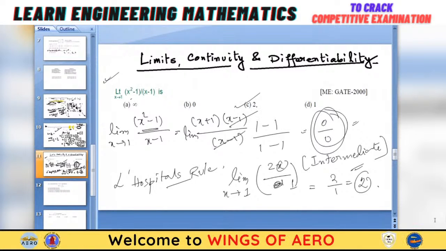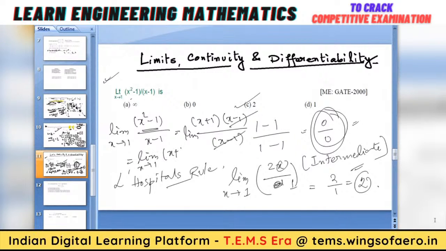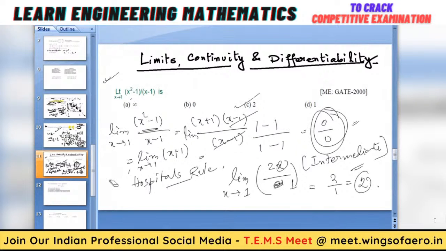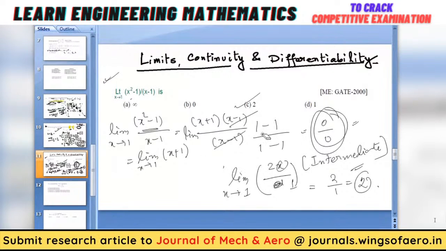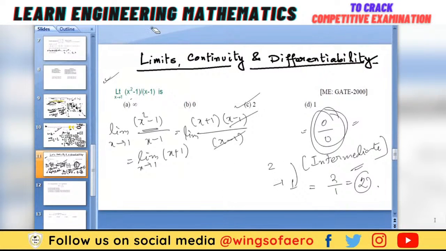X minus 1 and x minus 1 will be nullified. Simply we are getting limit x tends to 1, x plus 1. Now the intermediate form has been nullified. So you have to simplify the problem in such a way that you can nullify the intermediate form. Then also you can get the answer: put x equal to 1 here, it will give you the answer 2.